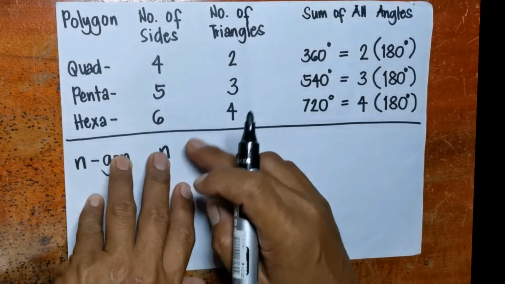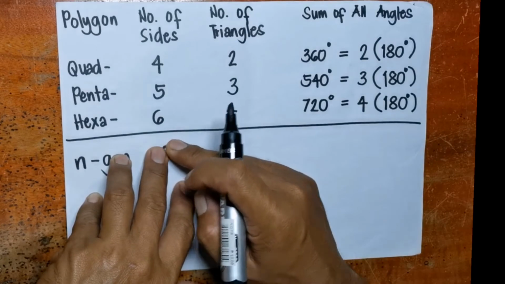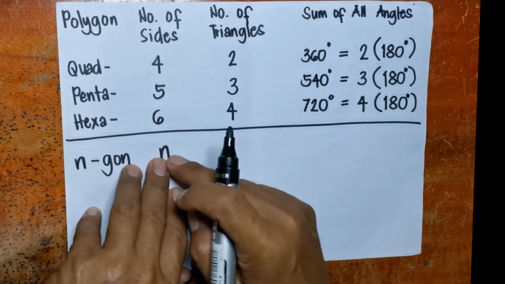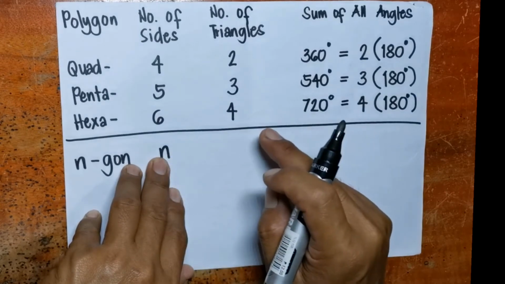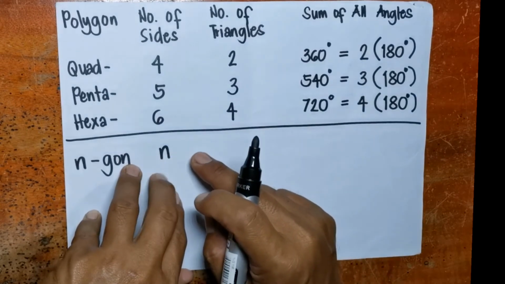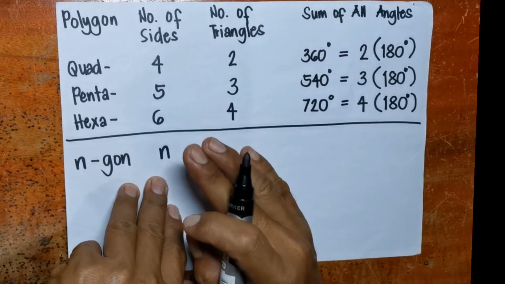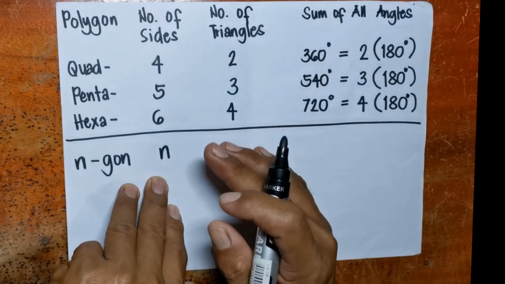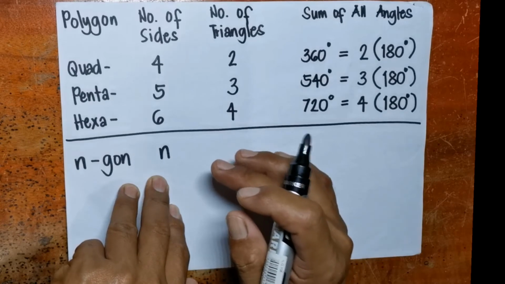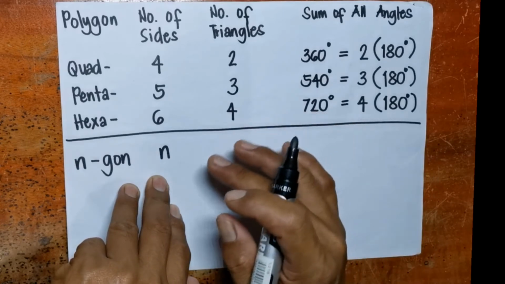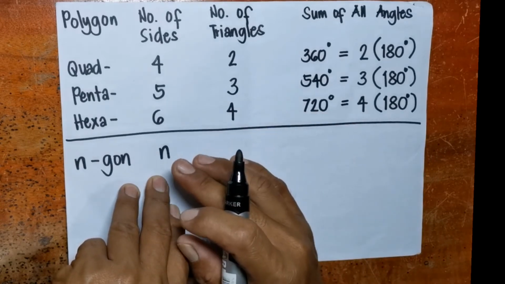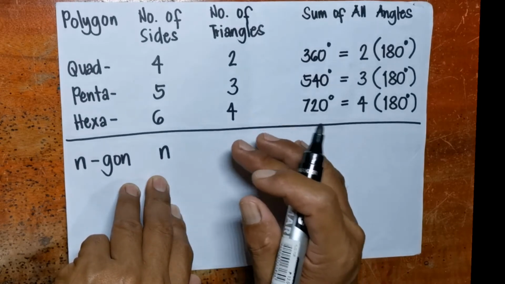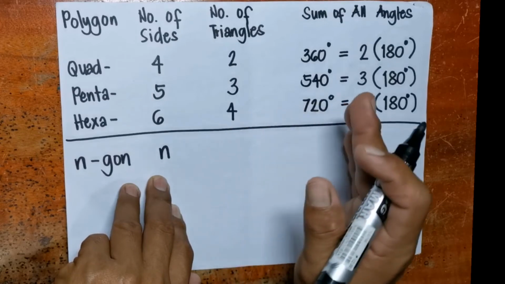There will be 5. Kung 8, there will be 6. Next, skip tayo sa 15. Kung 15, ilan kayang triangles ang mabubuo? That is 13. And if we have 20, ilang triangles ang mafo-form? That is 18.